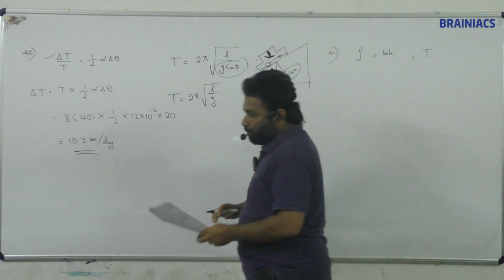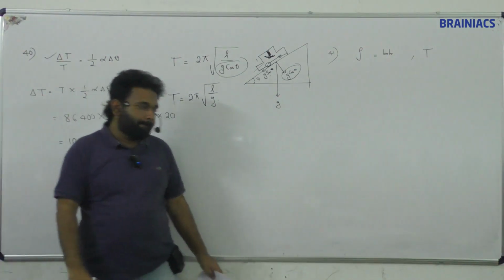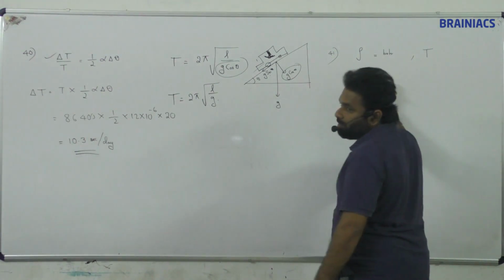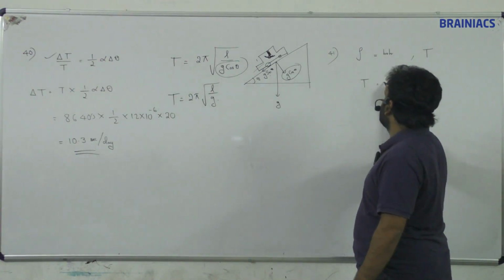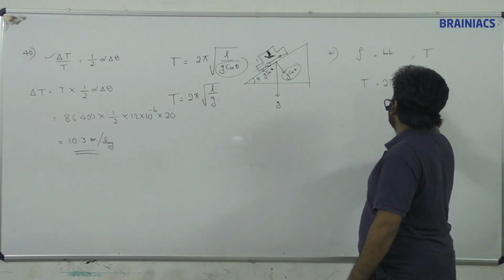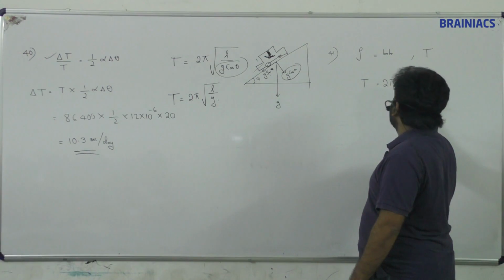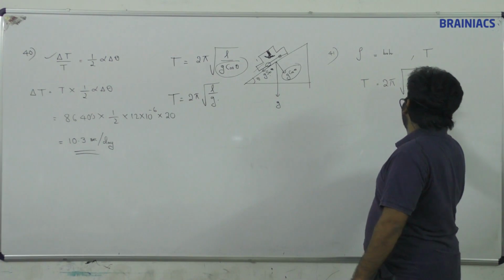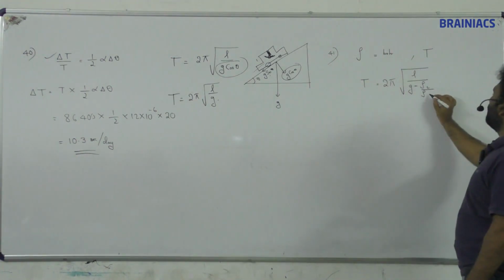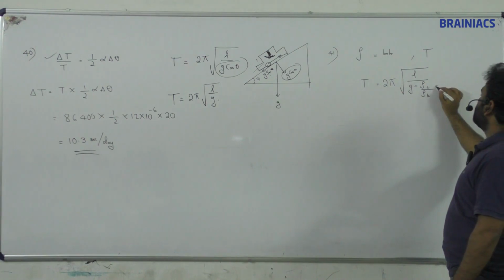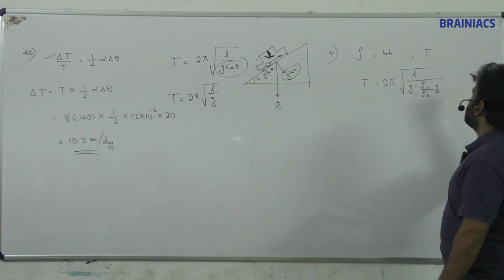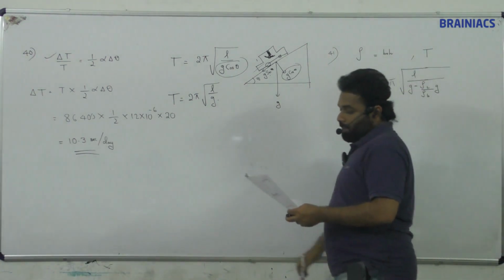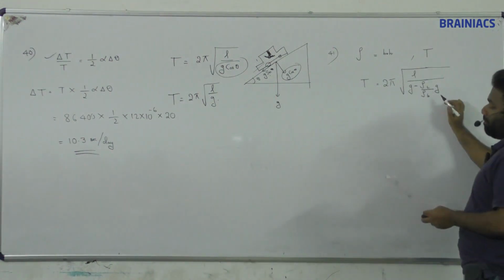So what is the formula? T is equal to 2 pi root of L by g, with rho and G involved. Now what is different here?